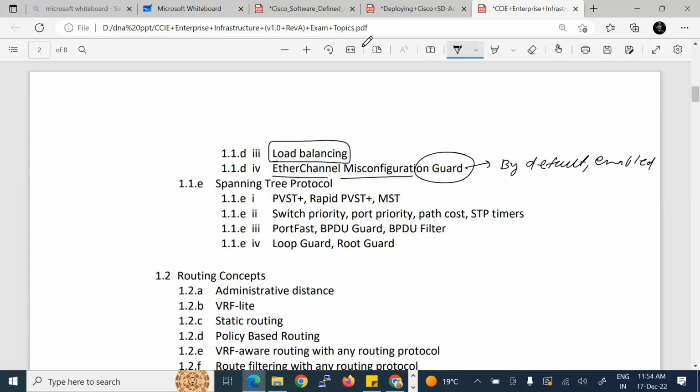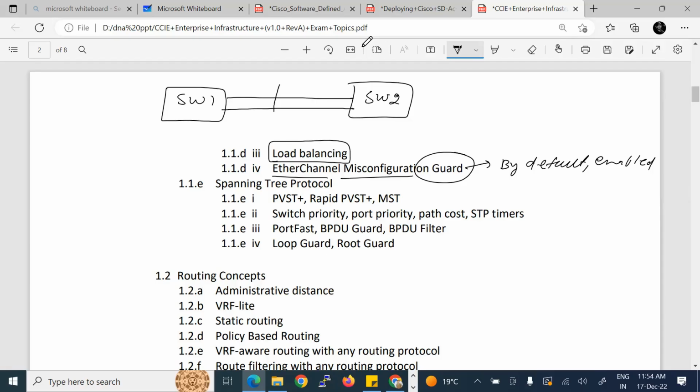Basically, what is the problem with on mode? If this is switch 1 and this is switch 2, and we have 2 links here, and you configure on mode on this side, switch 1 will bundle its own links, and these links will start acting as a single link.